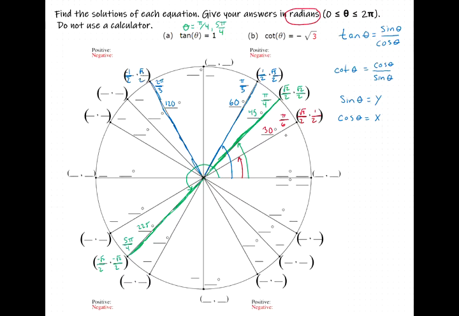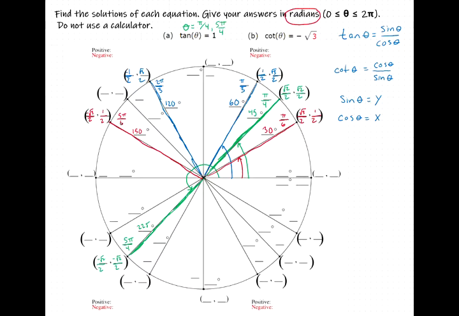Or if we reflect the terminal point for pi over 6, so that's this one here, if we reflect that into quadrant 2, again, the x value will be negative, so negative root 3 over 2, and the y value remains positive 1/2. Okay, and that's an angle of 150 degrees, or 5 pi over 6 radians.